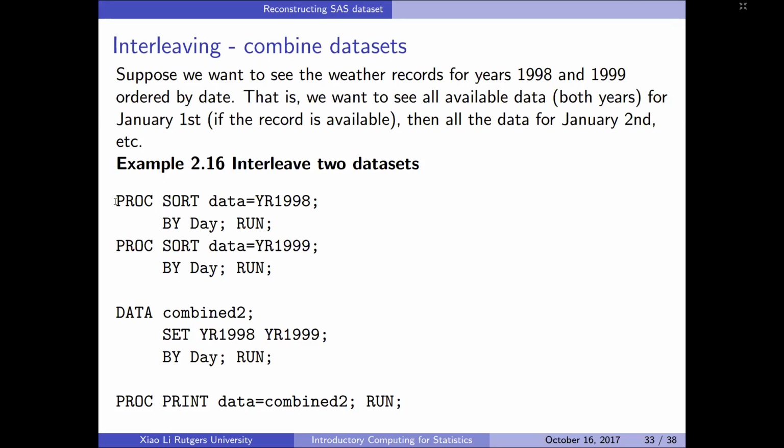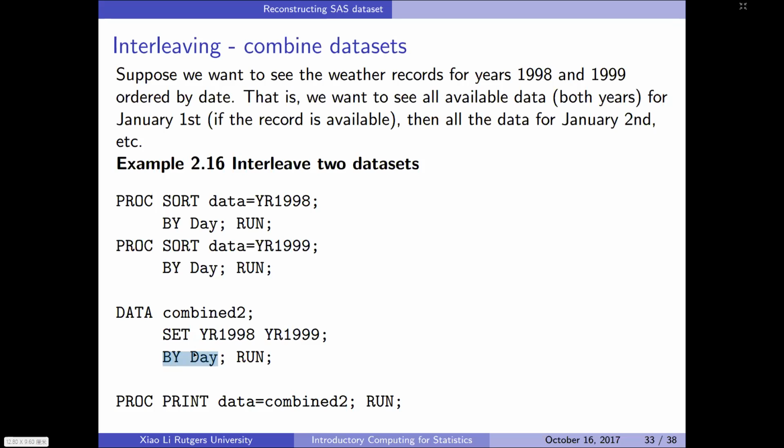We sort the year 1998 data set by day, and we also sort the year 1999 data set by day. Then we create a new data set which we call combined 2, and we set the already sorted year 1998 and year 1999 data sets and combine them together by day.